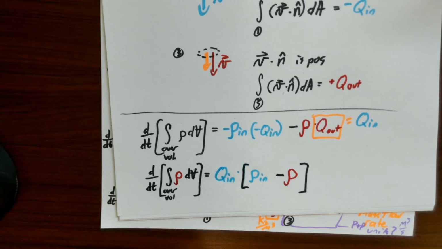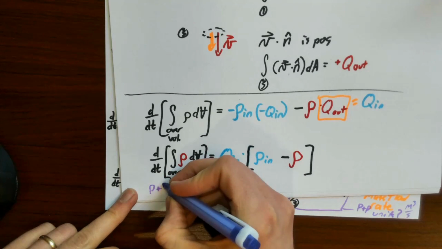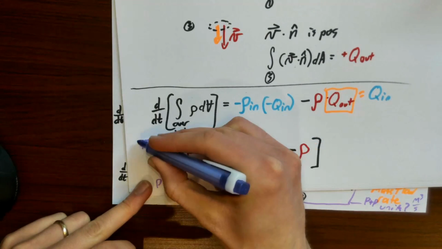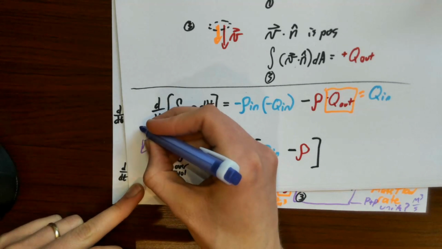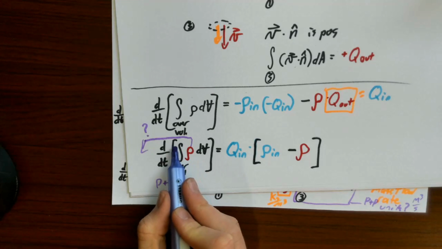So already we're definitely making progress here. Now, I'll pause and ponder. Can we take this rho all the way out of the integral, out of the derivative?